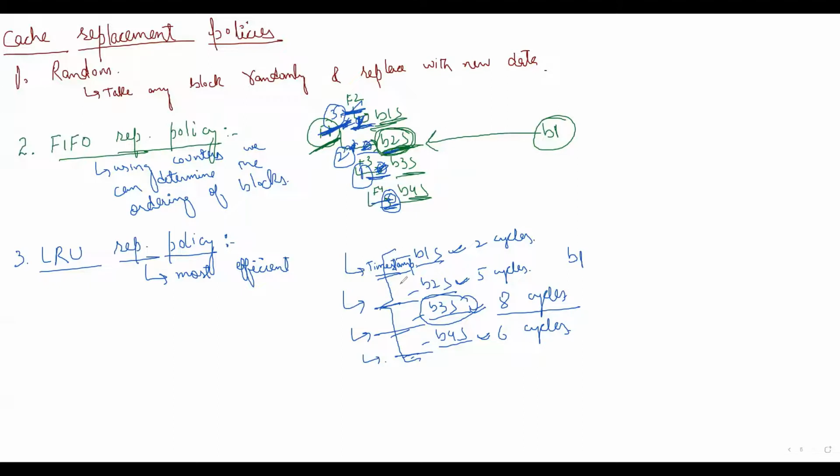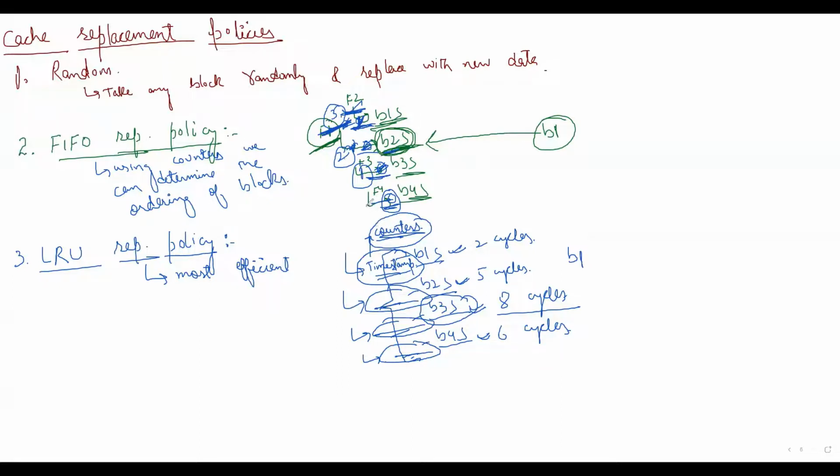But it has the disadvantage that using a timestamp makes this process complex, because for every access we have to generate a timestamp and then add it into the tag entry. So instead of using a timestamp, we can use counters, like in the first in, first out replacement policy. I'm not going to explain how we can update and use the counters. It is left as an exercise for you.